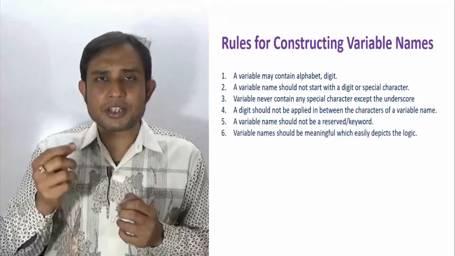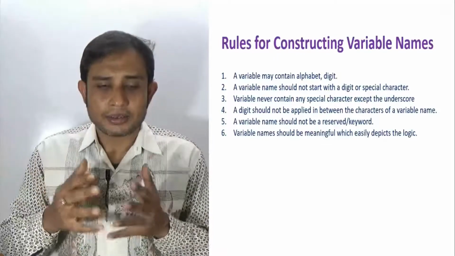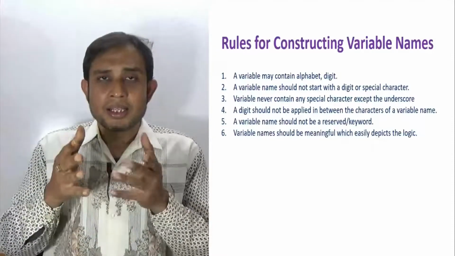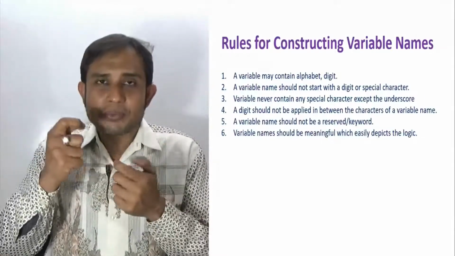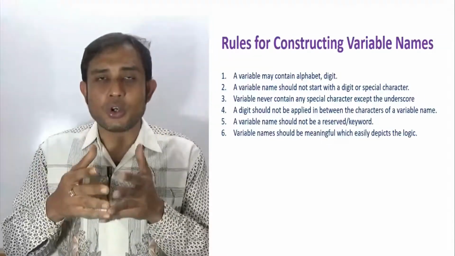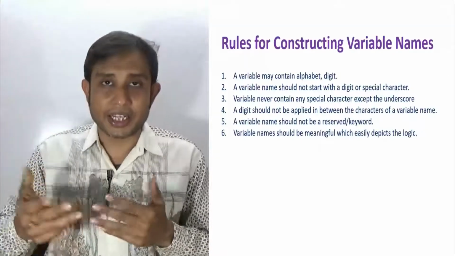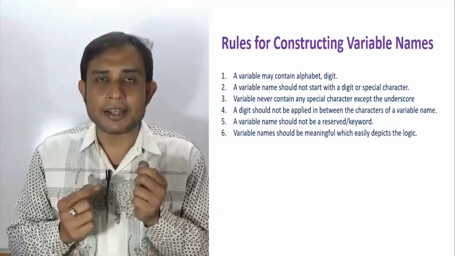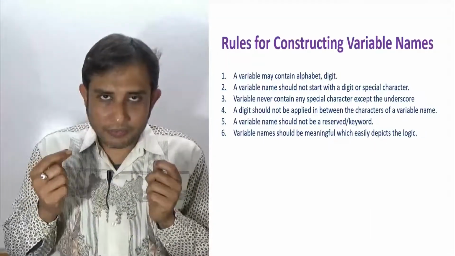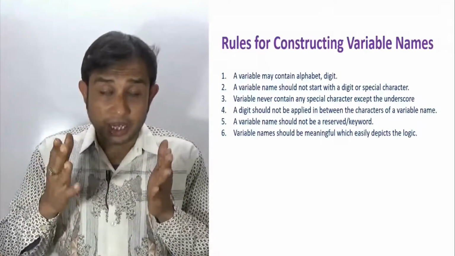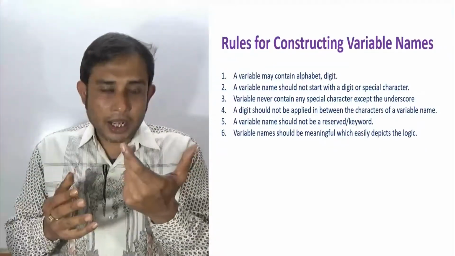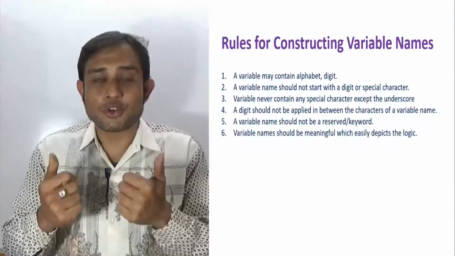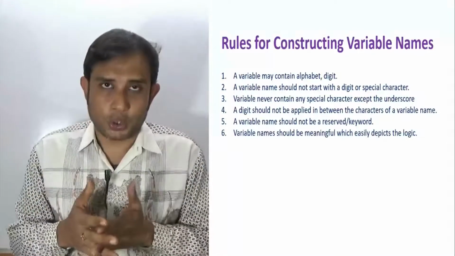A variable name must be chosen so that it can depict the logic of the program. Suppose I am going to store the calculated value of the area of a rectangle, and I assign a variable and put the name C. Now C becomes the variable which can store the area of the rectangle. But from the name C, we cannot assume what kind of thing it actually holds.